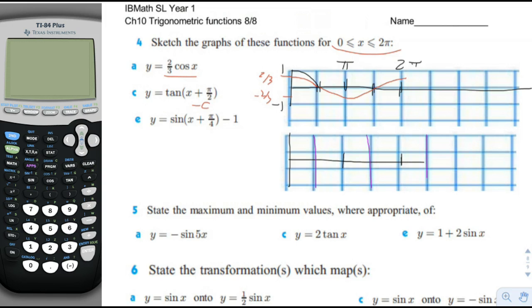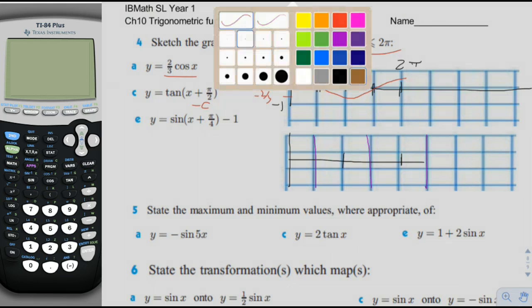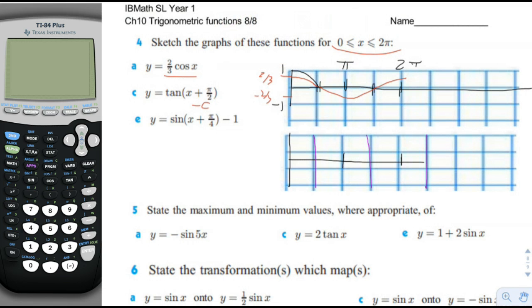So those are the asymptotes, the purple lines here. And then the standard function looks kind of like this. To the left it goes down, and to the right it goes up.